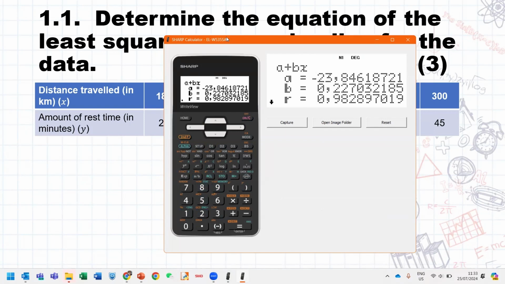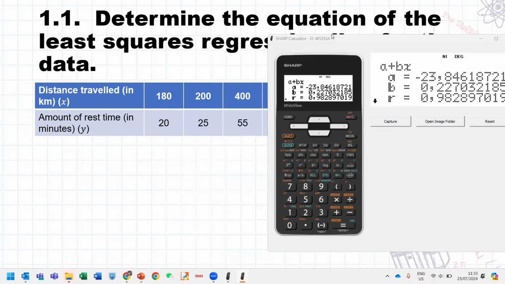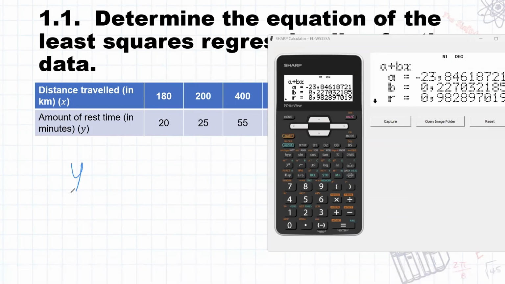So we're going to round off, and simply say y is equal to negative 23,85 plus 0,227 3, remember, we rounded off to 2 decimal places, x. And there's your first answer. Really straightforward. 3 marks means at least 3 minutes that we can spend on this question. And so we are all done.